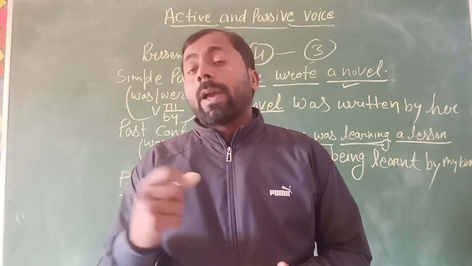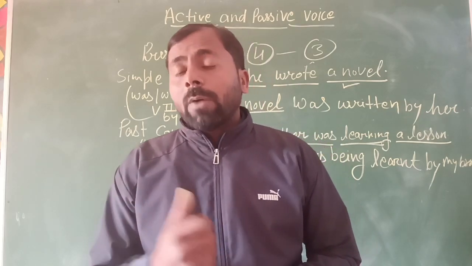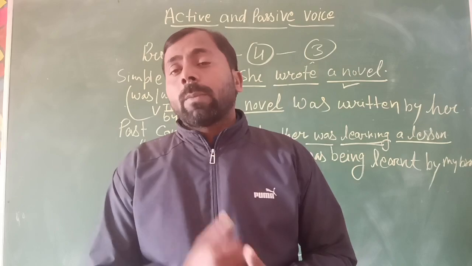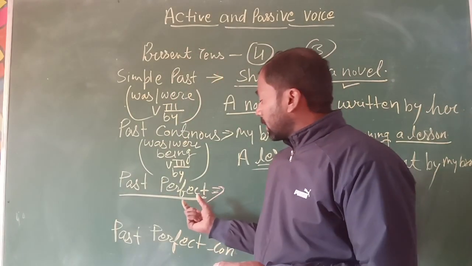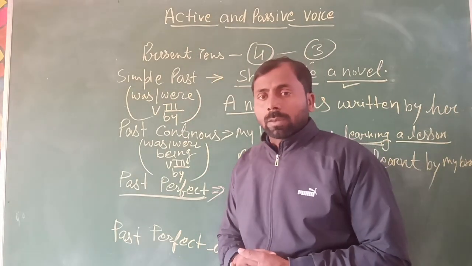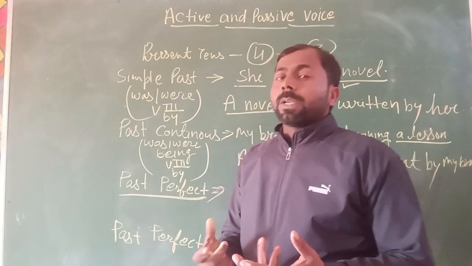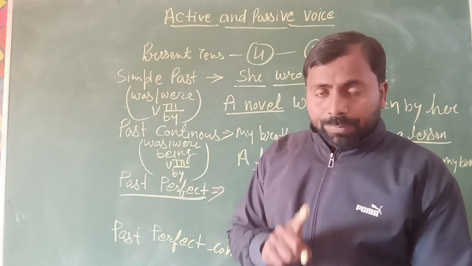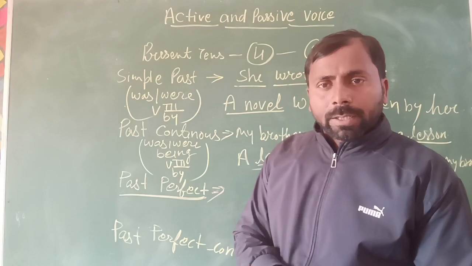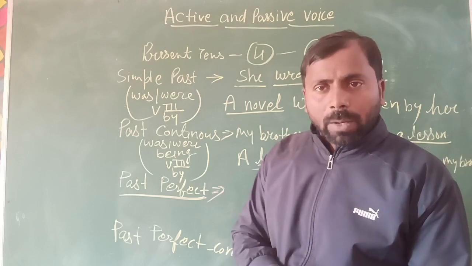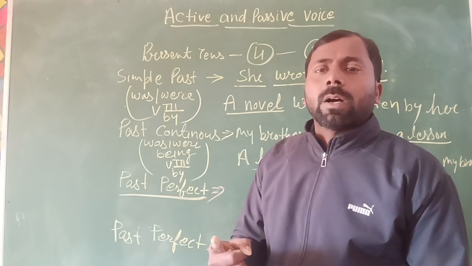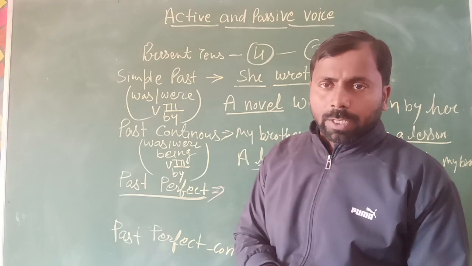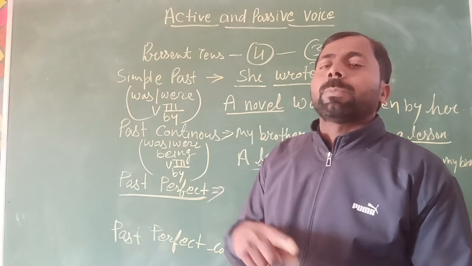It is had. And the form of verb is the third form. Okay, it is the simple structure of the past perfect tense: subject plus had plus verb third form plus other words or complement.